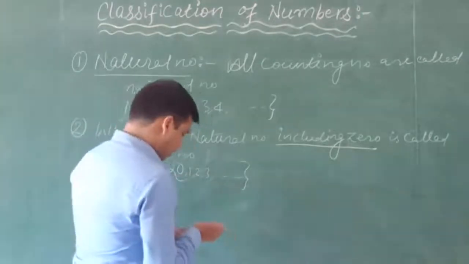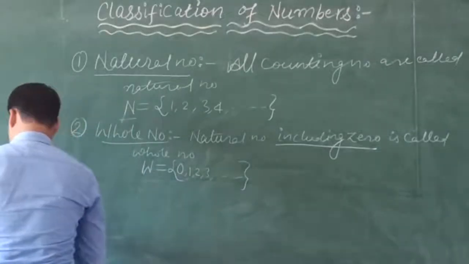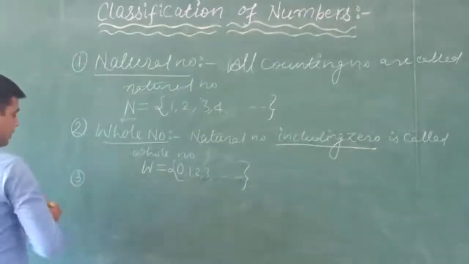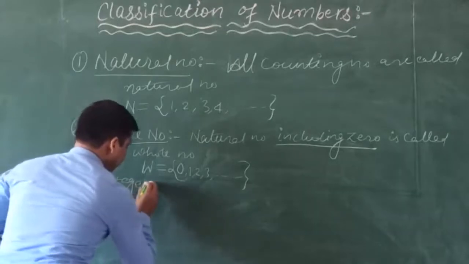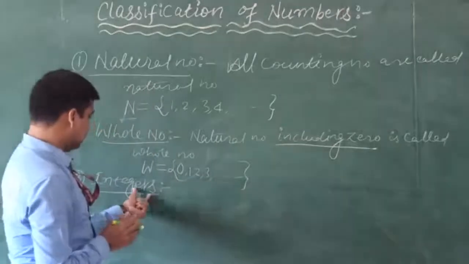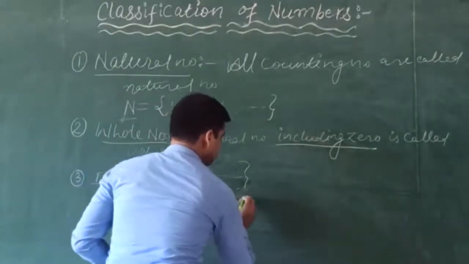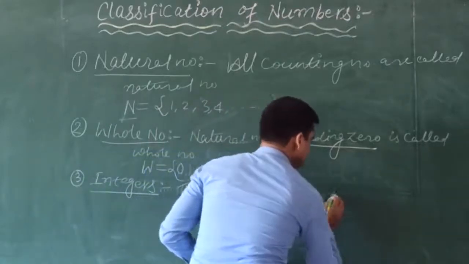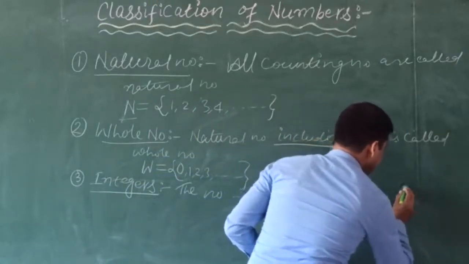Okay, so our next point, point number third, is natural number, whole number, after that integers. Okay, actually we know that in the numbers, integers, the numbers -3, -2, -1, 0, 1, 2, 3 and so on is called integers.